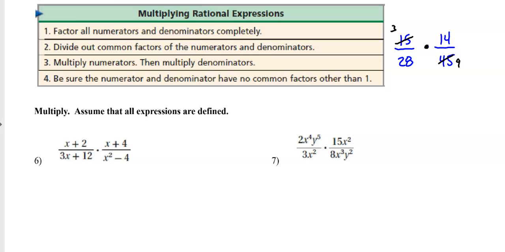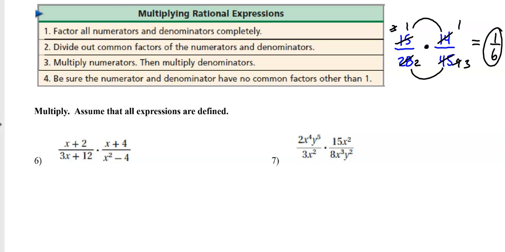And actually I could do it again. 15 went into both of them. So 3 goes into itself once. 3 goes into here 3 times. So that could reduce to 1/3. Well, 14 and 28, 14 goes into itself once and goes into here twice. Now I have a really easy fraction. 1 times 1 and 2 times 3, and it's already reduced for me. That would have been way easier than trying to multiply that first, and then whittling it down.